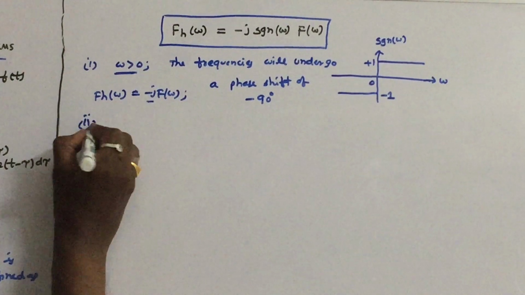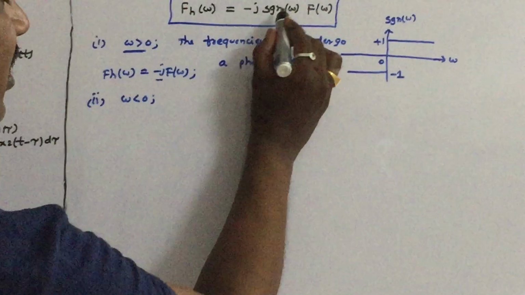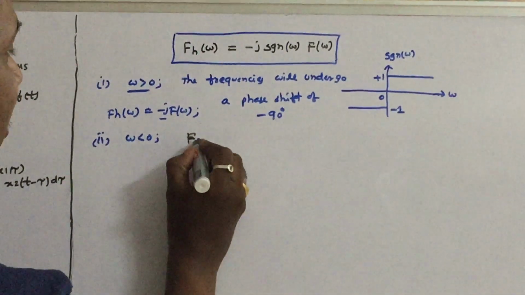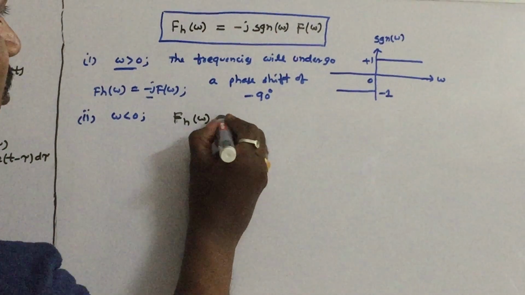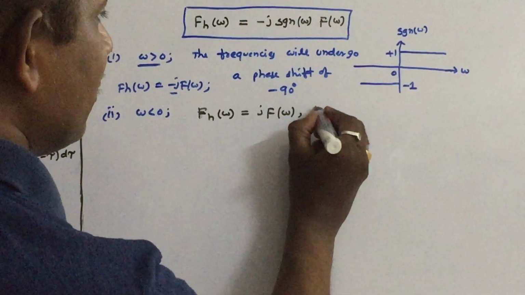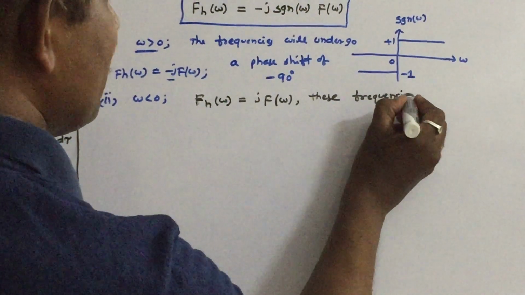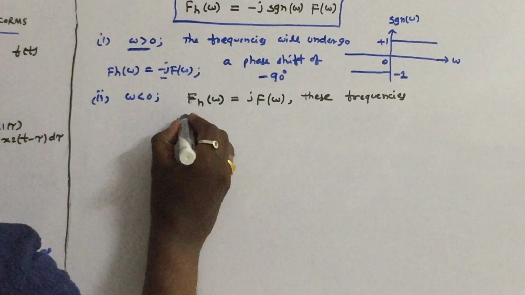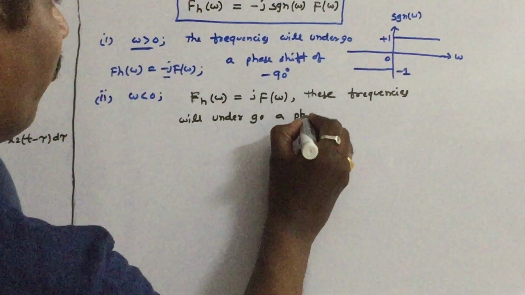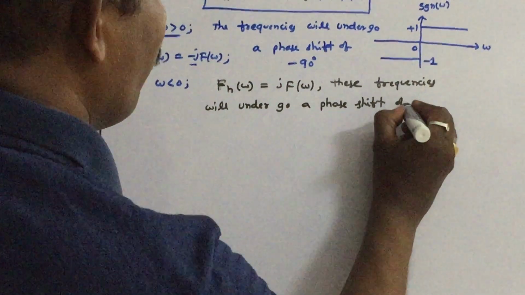Let us see the second point. If omega is less than 0, let us see what will happen. What is in the formula? It is -1, minus into minus gives +1. So Fh of omega is equal to j into F of omega. That means the negative frequencies will undergo a phase shift of, in mathematics j is 90 degrees, a phase shift of 90 degrees.